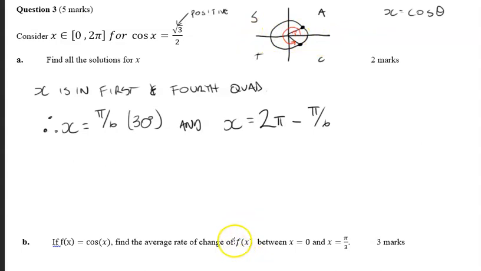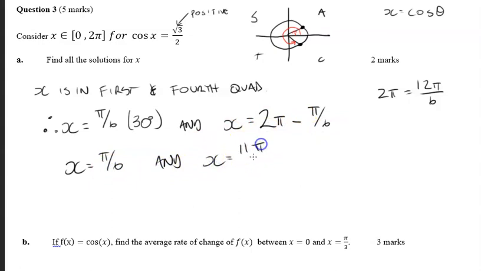So this is 2 pi minus pi on 6. In other words, 2 pi is also the same as 12 pi on 6. So since 2 pi is equal to 12 pi on 6, we are looking for 12 pi on 6, take away another pi on 6, which results in 11 pi on 6. So x is equal to pi on 6, and 2 pi minus pi on 6.